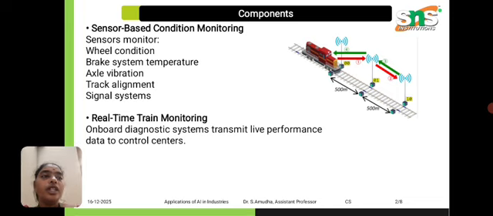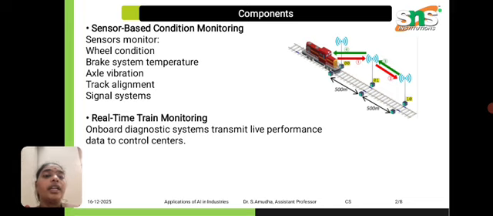That includes the wheel condition, brake system temperature, axle vibration, track alignment and the signal system. The detection of the signal is also done through the sensors, an automatic process without manual intervention.